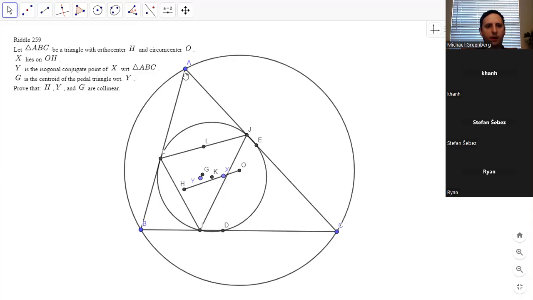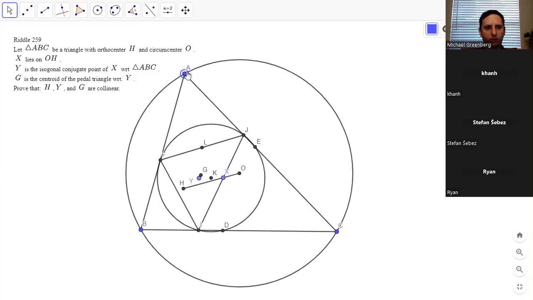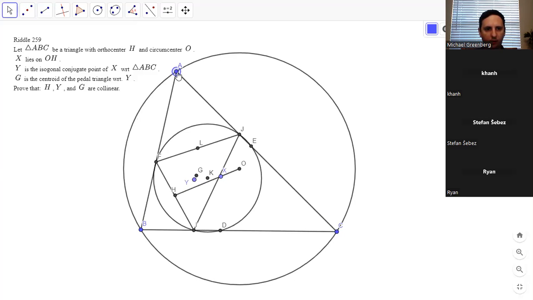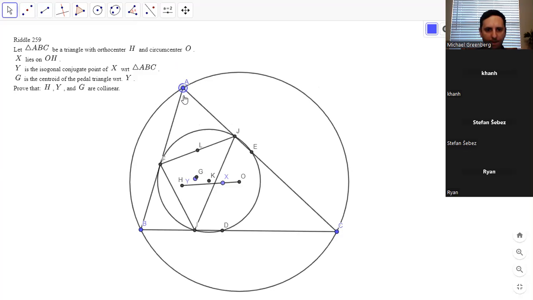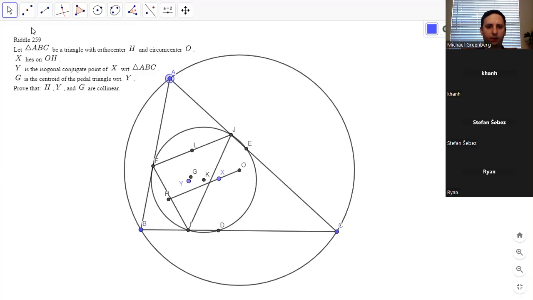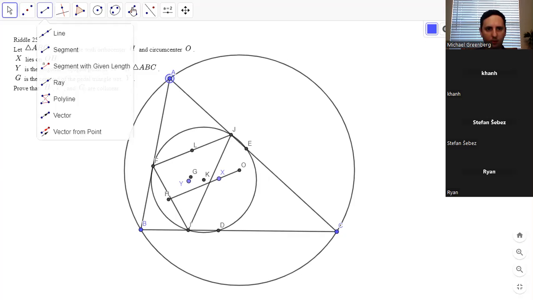So X and Y are isogonal conjugates. G is the centroid of the pedal triangle. You're seeing that the problem's true when you look at the diagram, right? Yeah. Let's see.